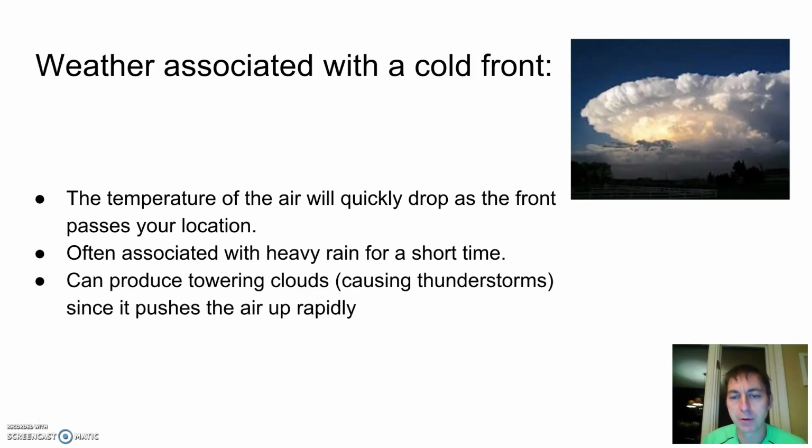But we also pointed out that you can produce these very tall, towering clouds called cumulonimbus clouds, and these would be the clouds that we associate with thunderstorms. You will get more detail on those when you watch the thunderstorm presentation. So the air is getting shoved up rapidly.